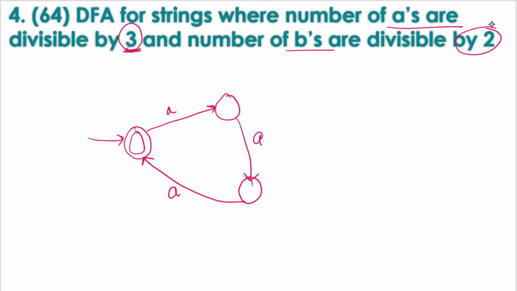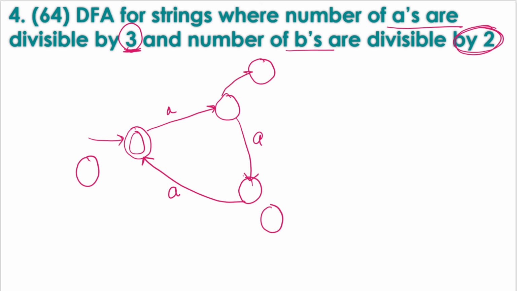Next we have to keep track of B's, because the number of B's must be divisible by 2. Okay, so to make it easier, just draw one separate state from every state, because from every state we can receive 2 B's, even numbers of B's are acceptable.